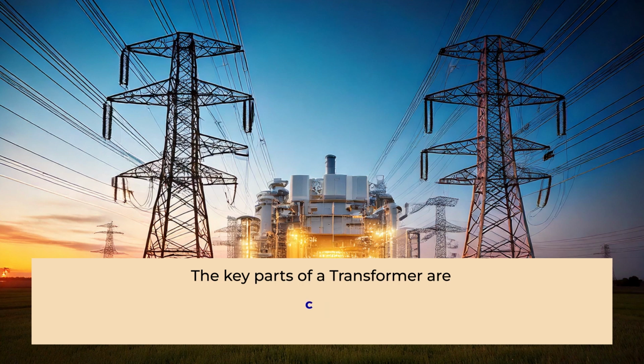Then the core of the transformer, then the windings, that is the high voltage winding and the low voltage winding, then the tank body where the core is placed, cooling tubes and radiators, conservator, pressure vents, offload or onload tap changer depending upon the rating of the transformer, breather pipe with the dehydrating breather, oil drain valve, oil level indicator, earthing terminals and lifting legs.